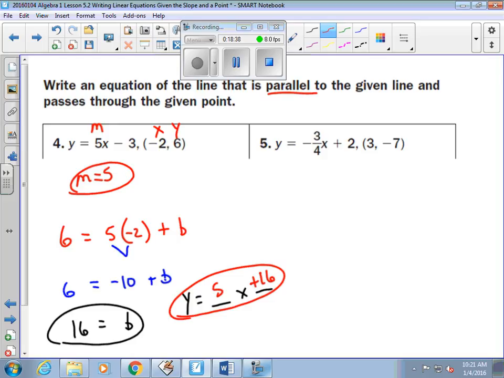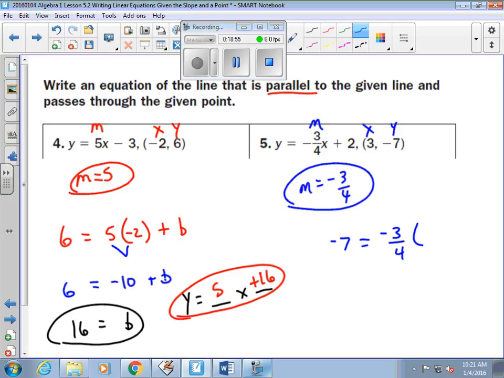Same thing with number 5. 3/4 is your m value. So m, not 3/4, but negative 3/4. So y equals mx plus b. Negative 7 equals m is negative 3 over 4 times x is 3 plus b.